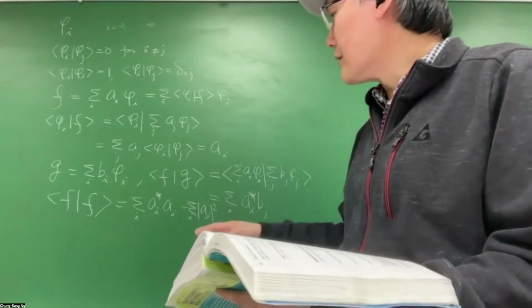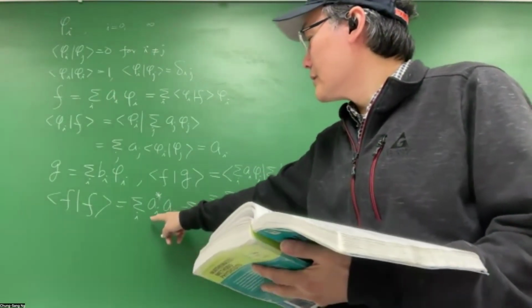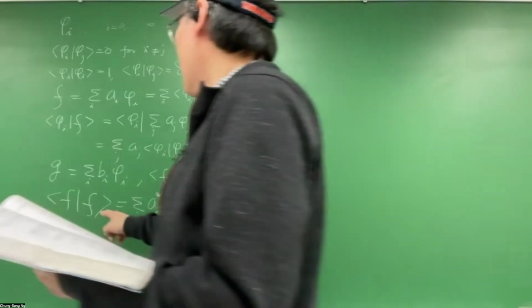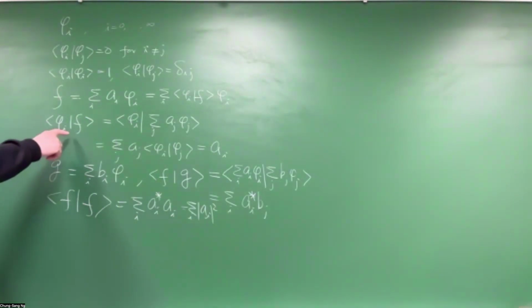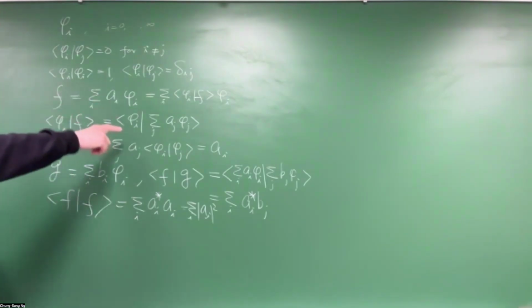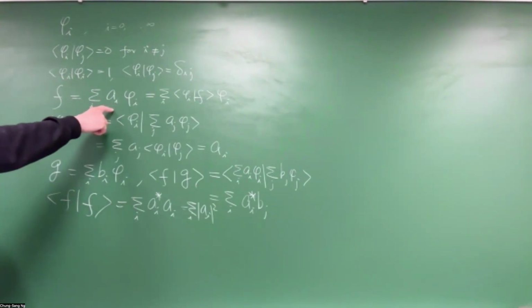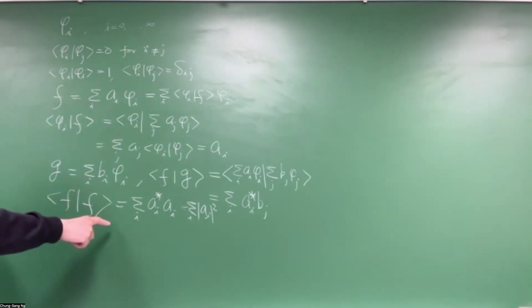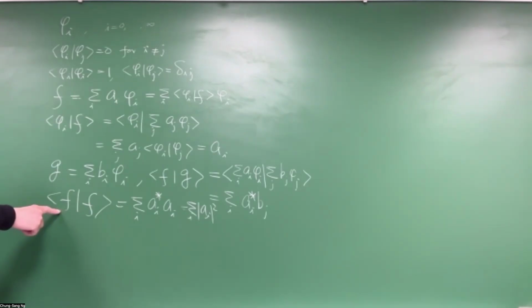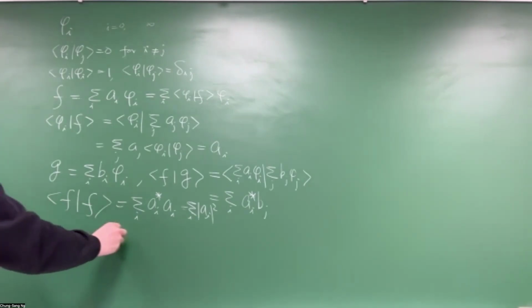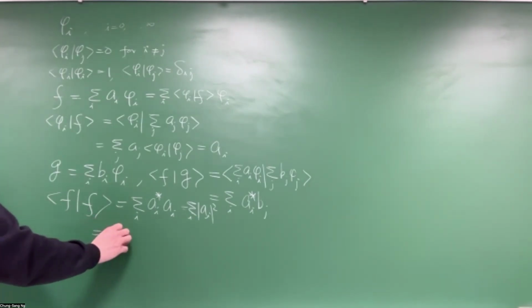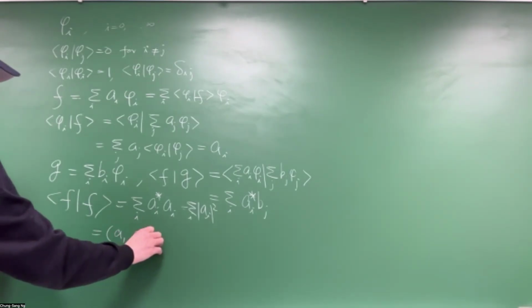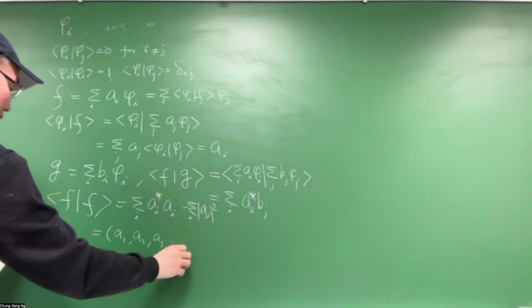Another way to look at that: if you expand this f, treat it like a column vector. So all these a sub I form a column vector. And when you put that on the left-hand side, it becomes a row vector. So you can write it like a row vector A1, A2, A3, and so on.